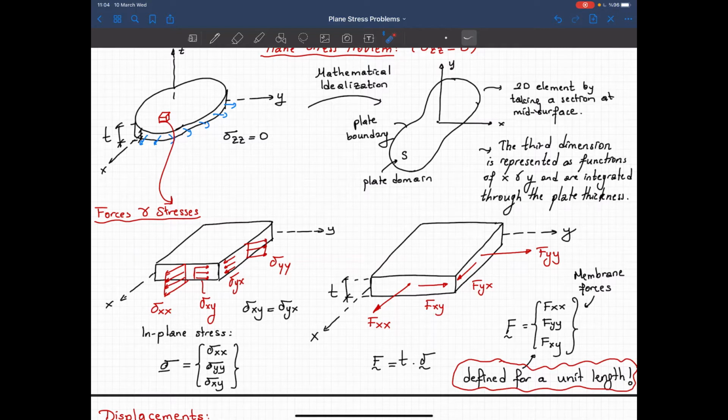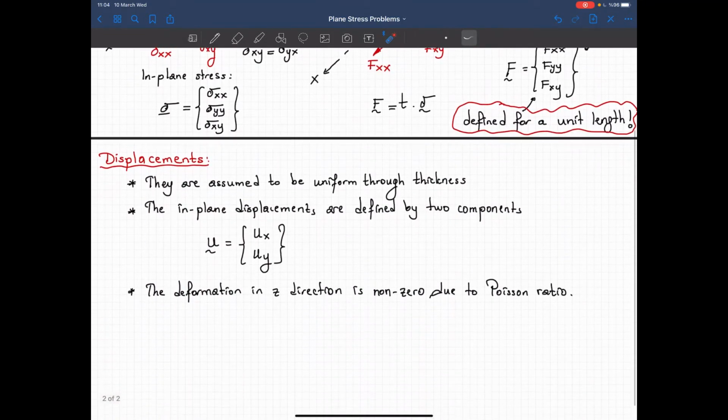Okay, so this is a two-dimensional version of a truss element, and it can only resist forces in its in-plane direction. That's what we assume when we formulate a membrane element.